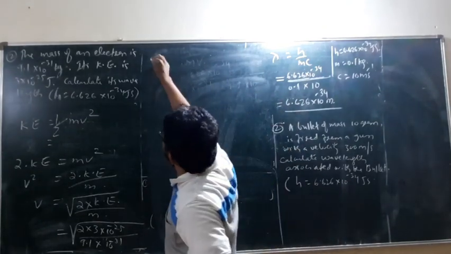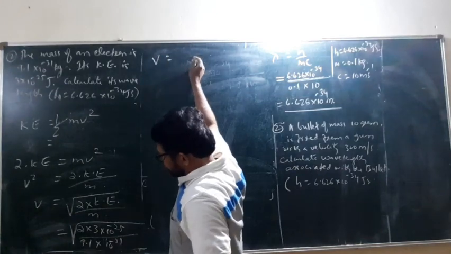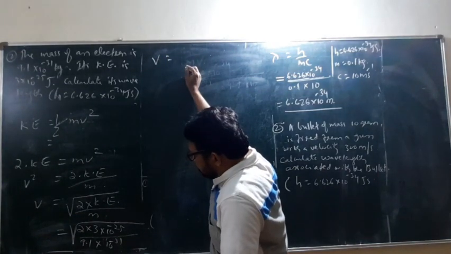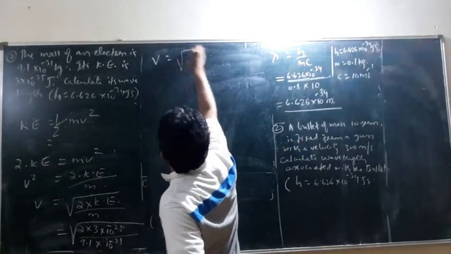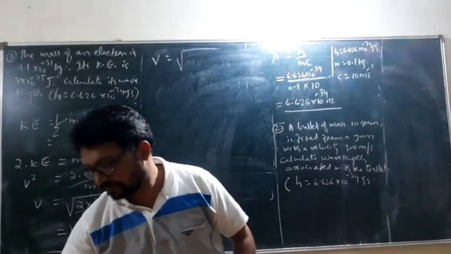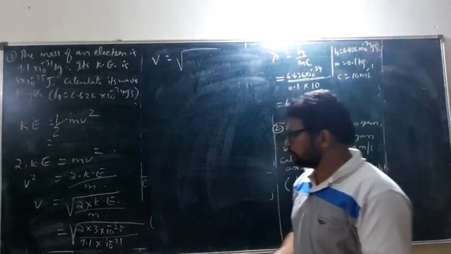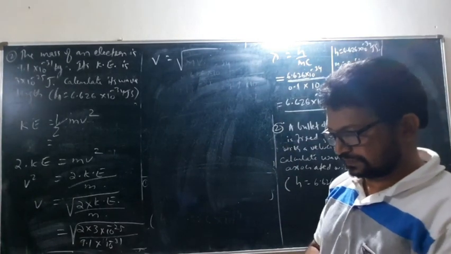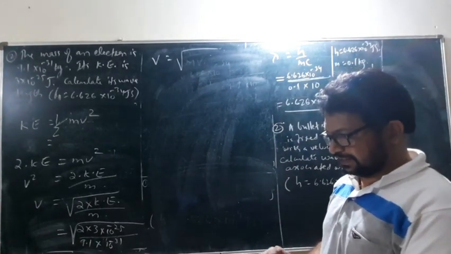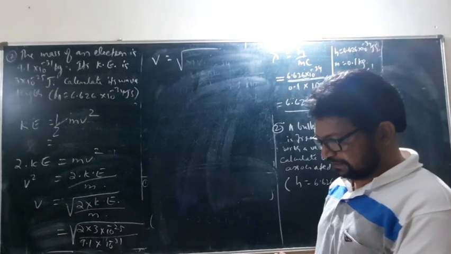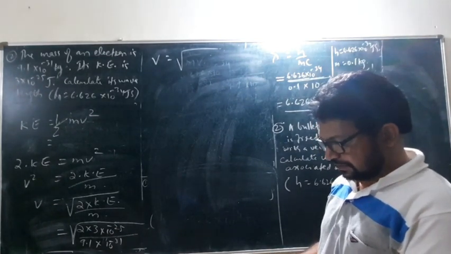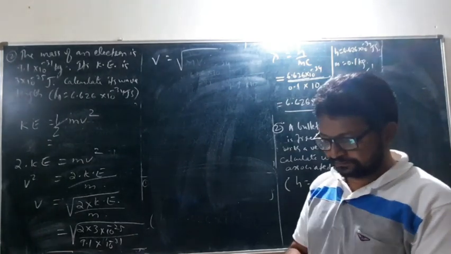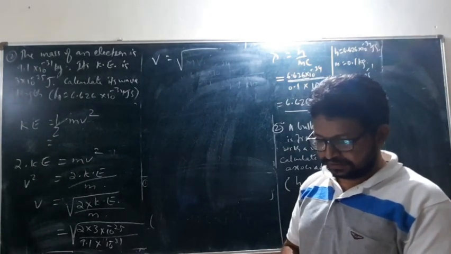Now you see, v equal to square root of 6 divided by 9.1, 2 into 3 is 6. 6 divided by 9.1.